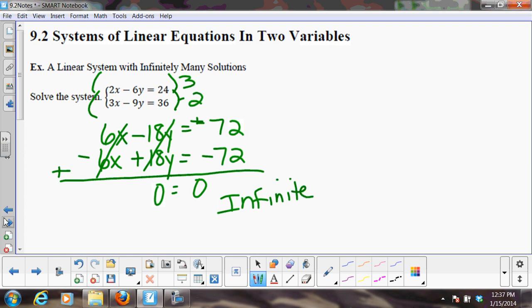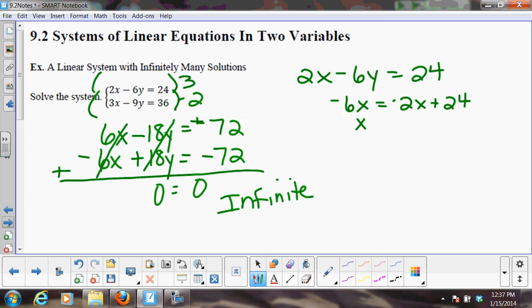Okay, since it means infinite, we have to actually go further with these. I'm going to take the first equation and solve it for y. So move 2x over. Oh, that's a y.